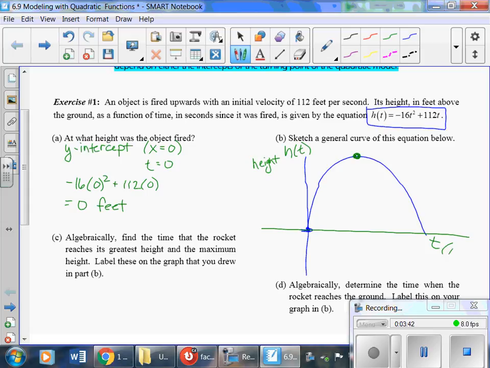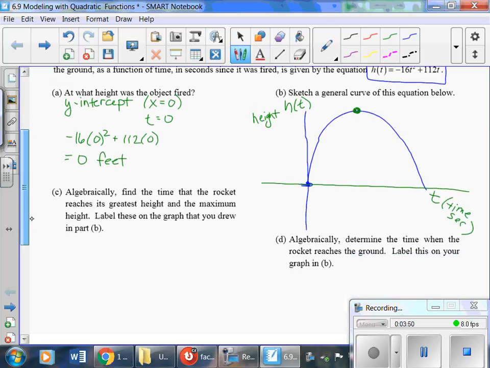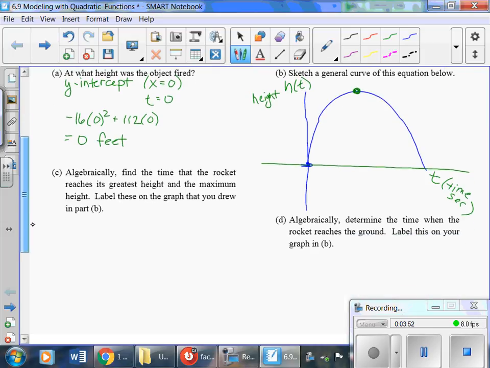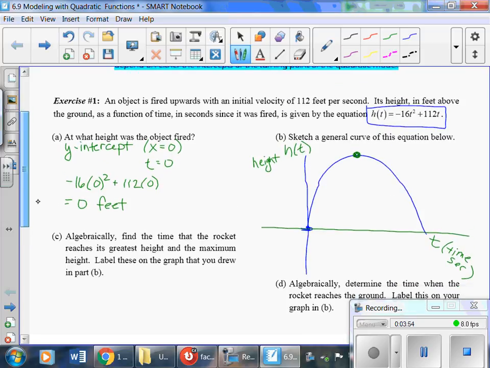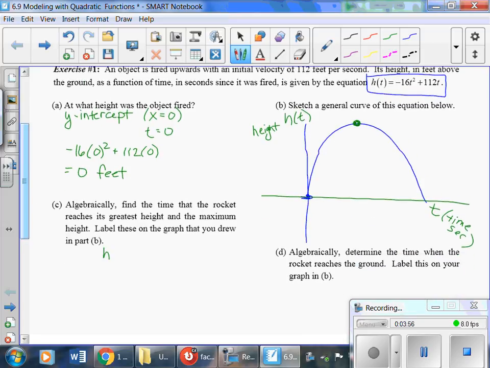T is your time in seconds. I believe it's seconds. It is. So what it's asking for is our maximum. So we have h of t equals negative 16t squared plus 112t. Let me write that down before I lose it.